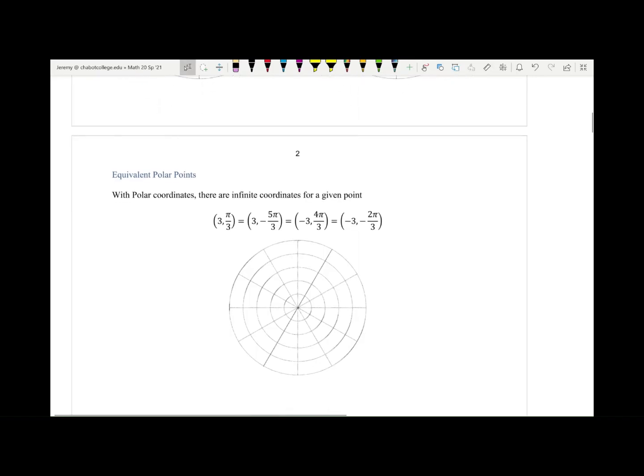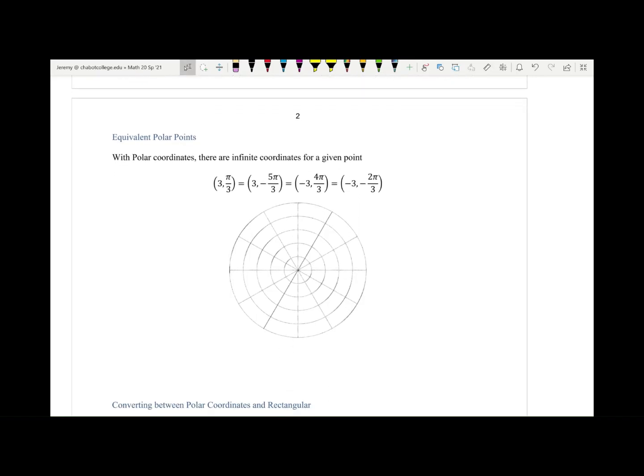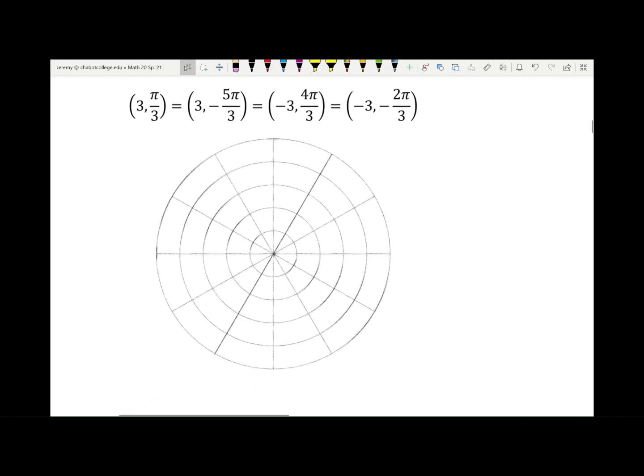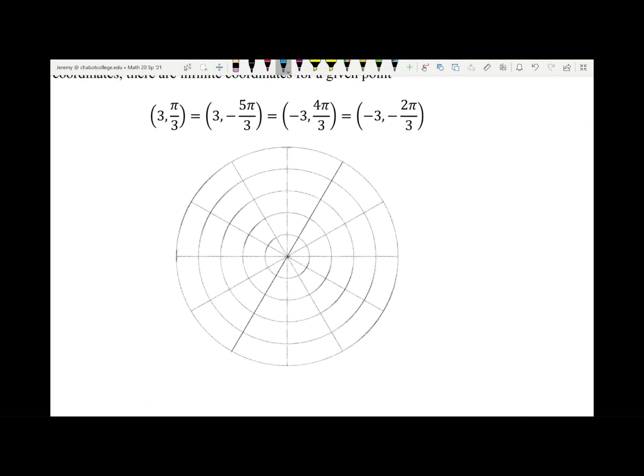So polar coordinates have this interesting thing going on where we have equivalent polar points. So for example, this ordered pair (3, π/3). That's just this point right here. Notice that this is the exact same point as (3, -5π/3), right?